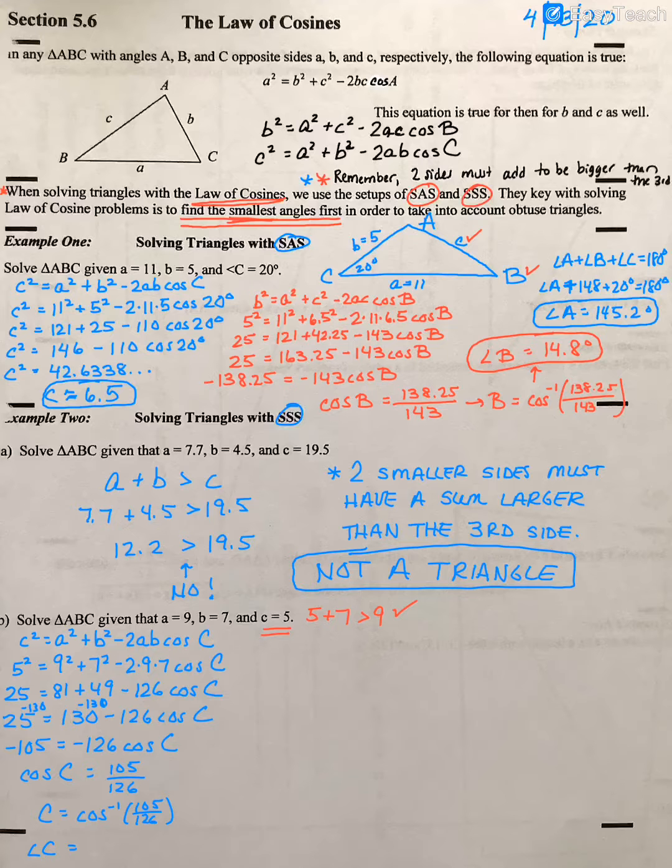And my calculator reads 33.5573, which if I round to 1 decimal place, is approximately 33.6 degrees. And we have one angle.